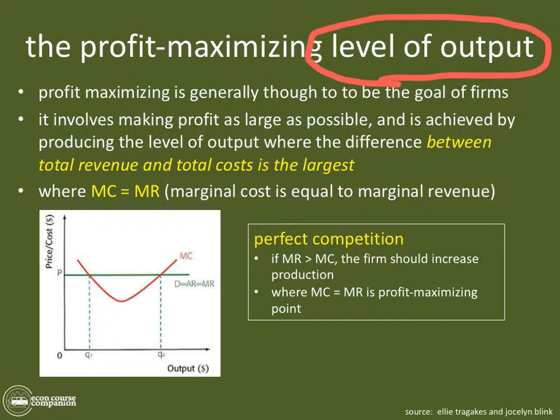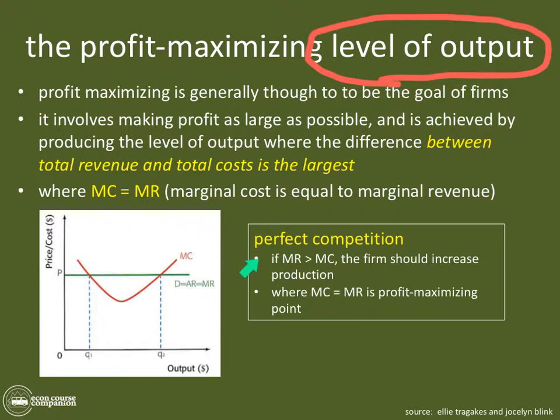Well, the profit maximizing level of output is generally thought to be the goal of firms. It involves making profit as large as possible and is achieved by producing the level of output where the difference between total revenue and total costs is the largest. And you will find that point where MC, marginal cost, equals MR, marginal revenue.